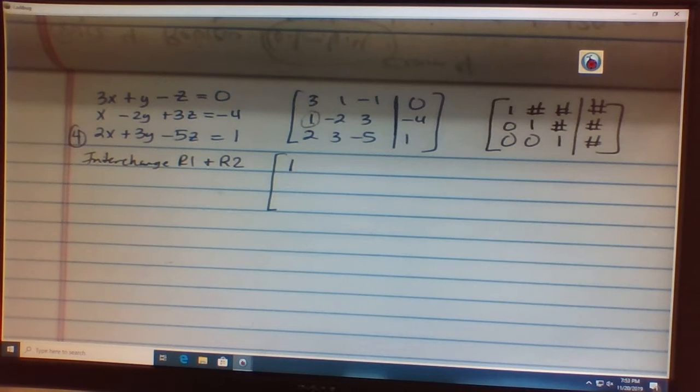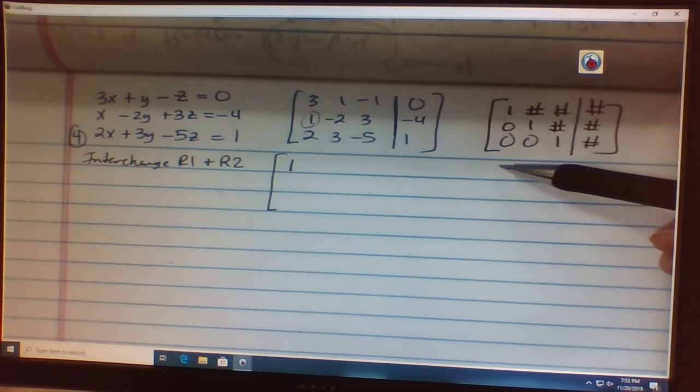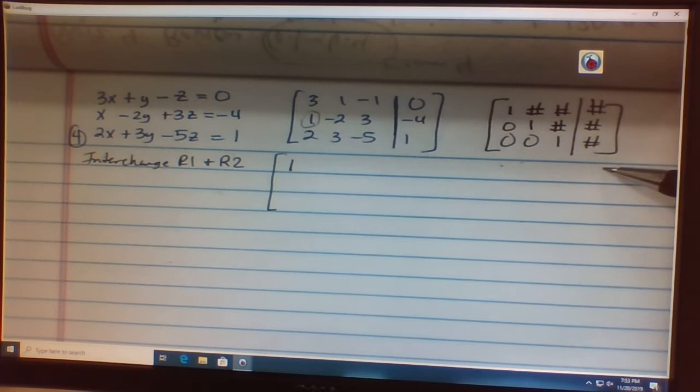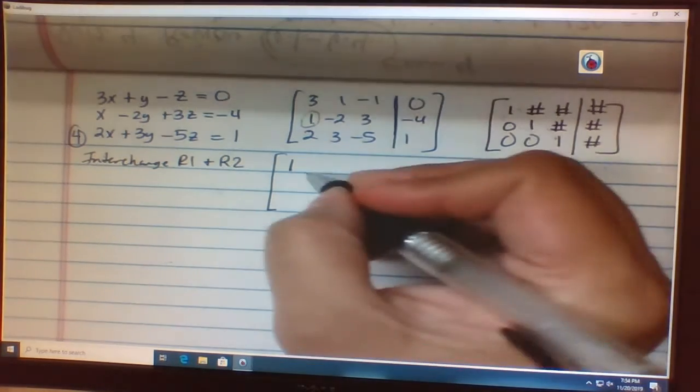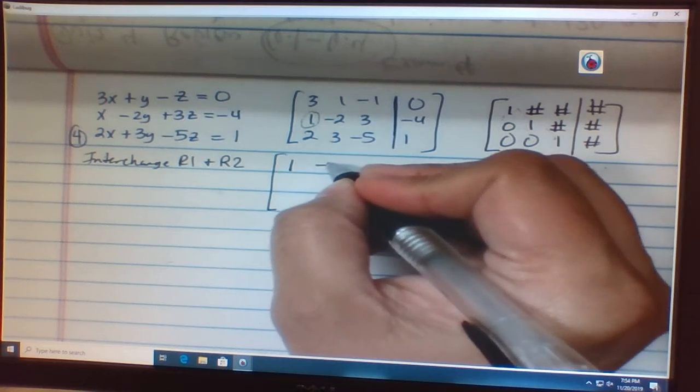Well, if it had another row, then it would be different, because then you would have another 0 here, 0, 0, and then the 1. It's still going to be a diagonal. Yes. I was about to ask what's the easy way to remember the goal. Yes, diagonal, 1s, zeros below. So I'm going to interchange this.